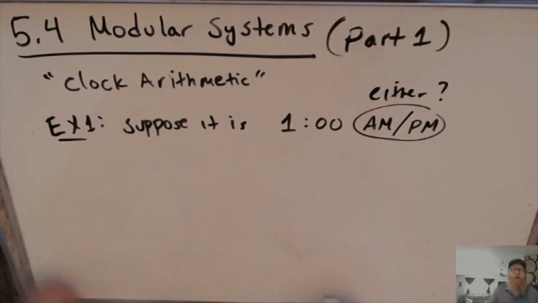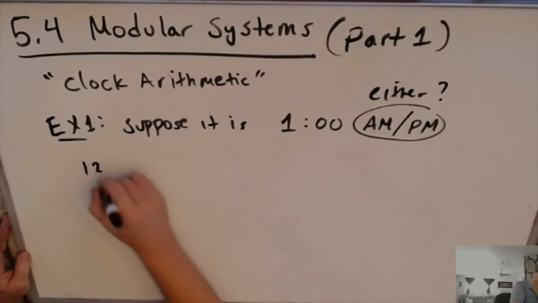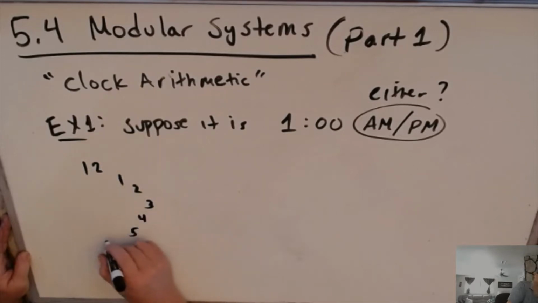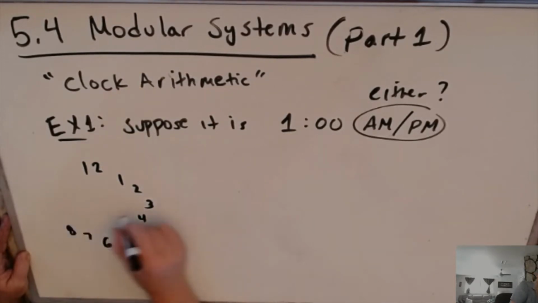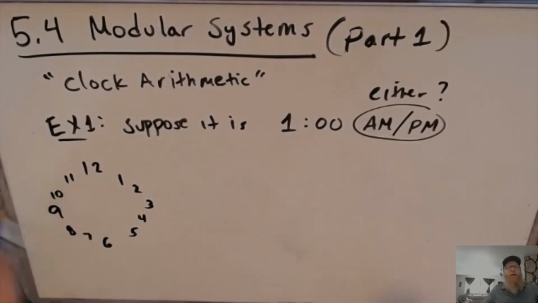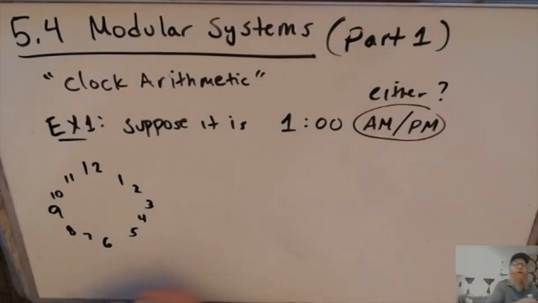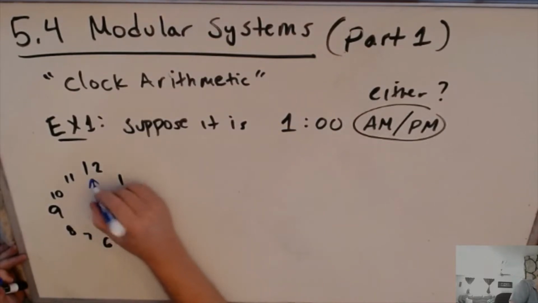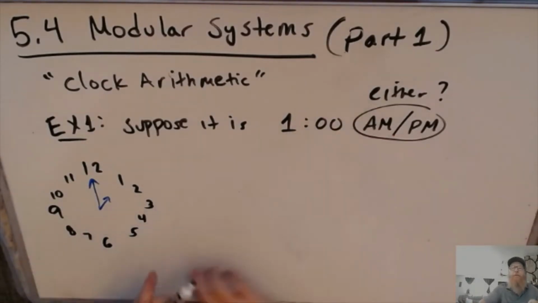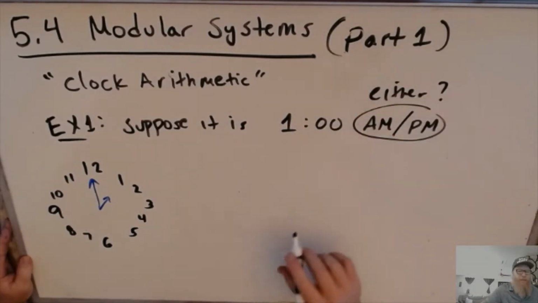So suppose the clock says 1 o'clock. So we have a clock here, and we know that the clock reads 1 o'clock. So something like that. Okay, don't worry about whether it's AM or PM. We'll cover this next.